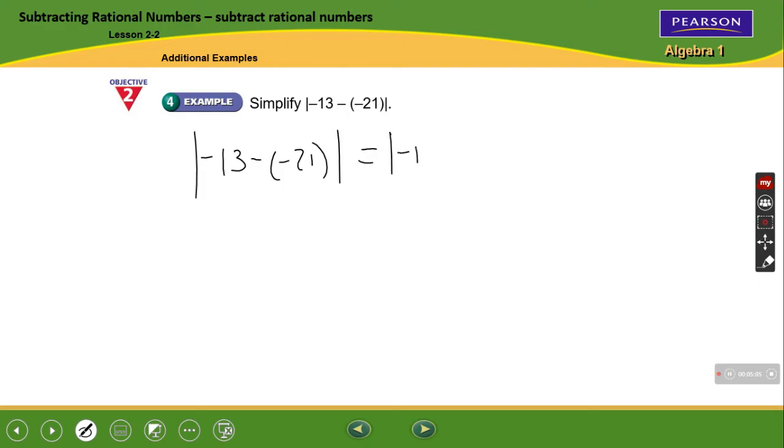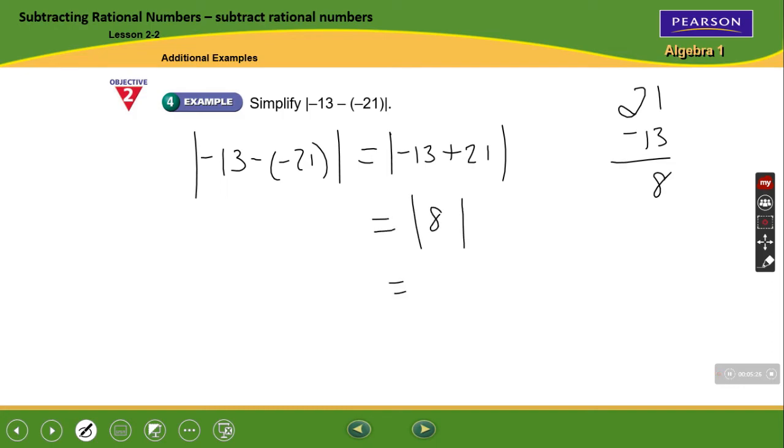That's the same as negative 13 plus 21. And when we're doing negative 13 plus 21, we got a small negative plus a larger positive. So I'm just going to subtract. That's going to be 8, and I know it's a positive 8, so I've got the absolute value of 8, which is 8 units from 0, so we have our answer, which is 8.